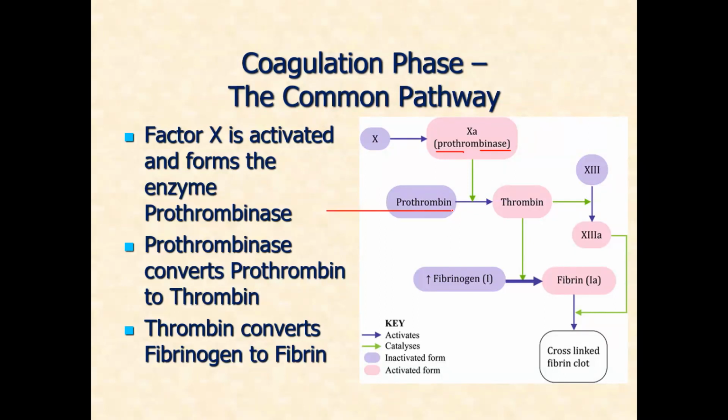And prothrombin is the inactive form of thrombin, which is a different enzyme. So what you have is one enzyme activating another enzyme, which activates something else, right? So the fact that 10 gets turned on forms prothrombinase. Prothrombinase, once it's on, converts prothrombin to thrombin, right? Then the thrombin is what converts fibrinogen to fibrin.